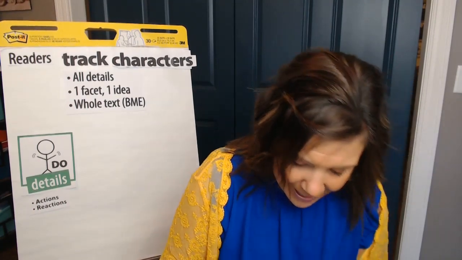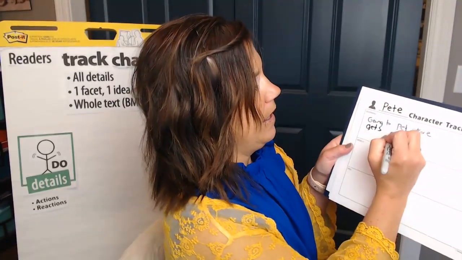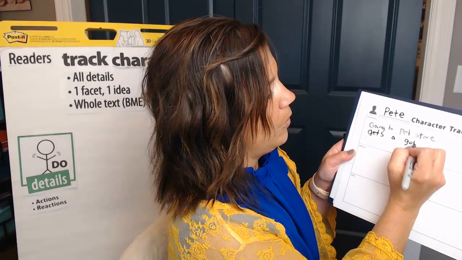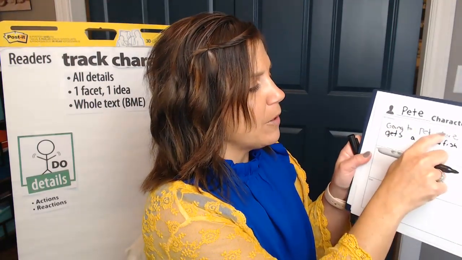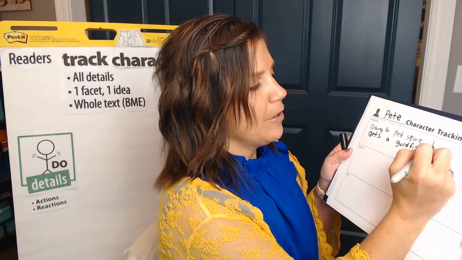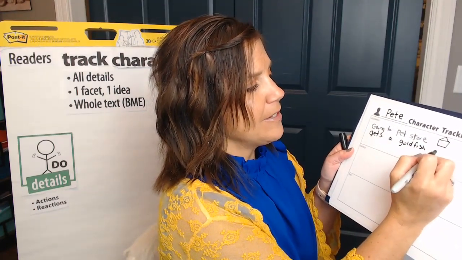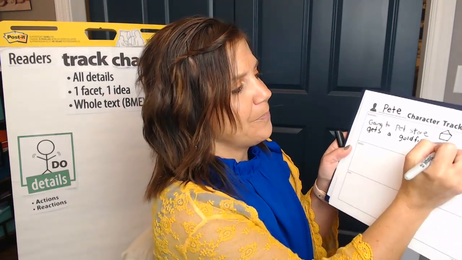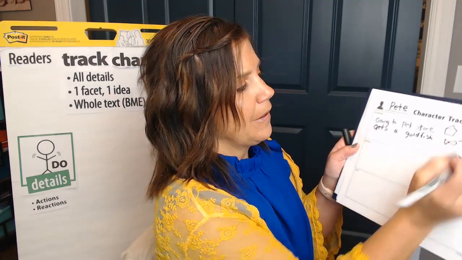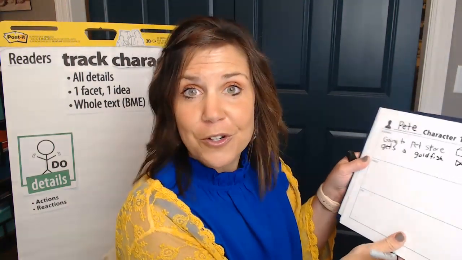I'm going to write gets a goldfish. So at the beginning, he's going to a pet store, and I could draw like a little pet store, and he gets a goldfish, and I could draw Goldie the goldfish, right? If I wanted to. So you could draw pictures, or you could write words, or you could do both.